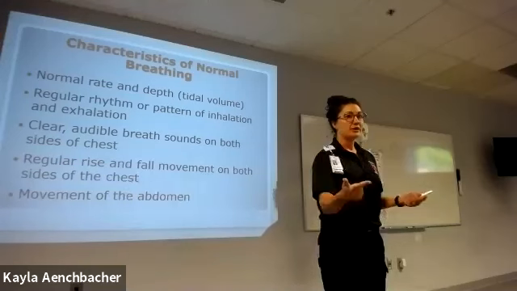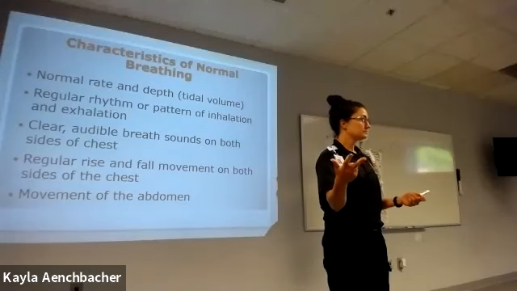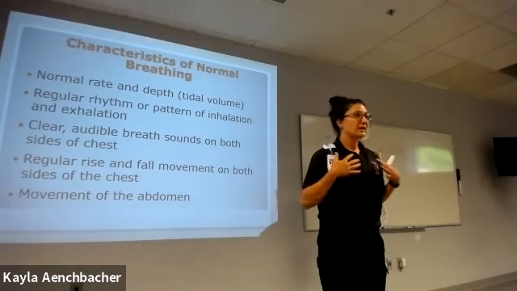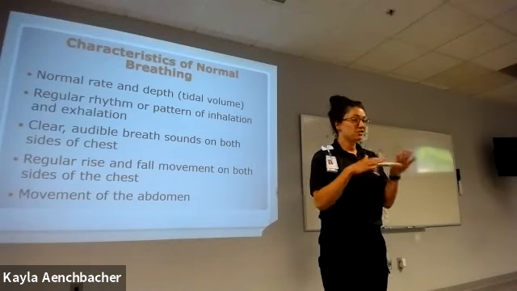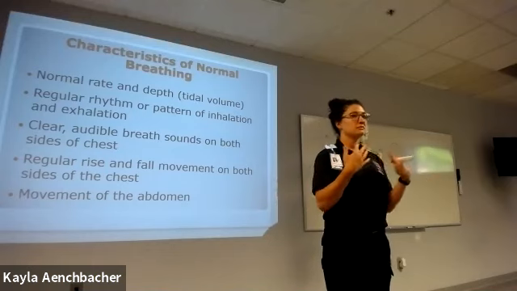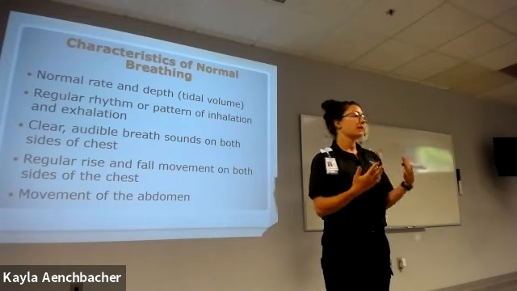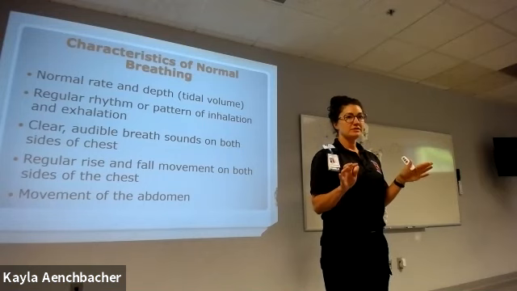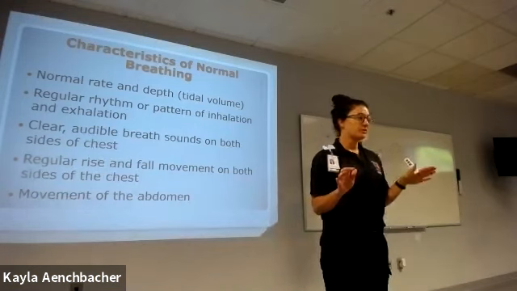Bilateral. So equal, adequate, and bilateral. I want to make sure I've got both my lungs working. It's adequate to the point where I'm good with that tidal volume, right? And I want it to be equal. I want them to be moving at the same time. Anything outside of that variance means a bad day, probably a pneumothorax.